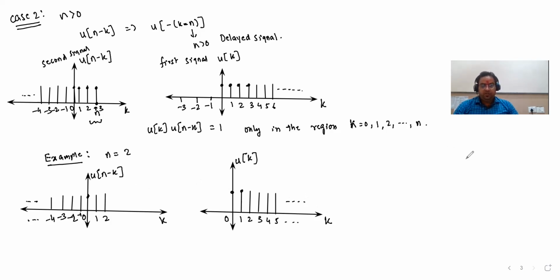So let us divide this k into some regions now. Let us say n is equal to 2 we have.